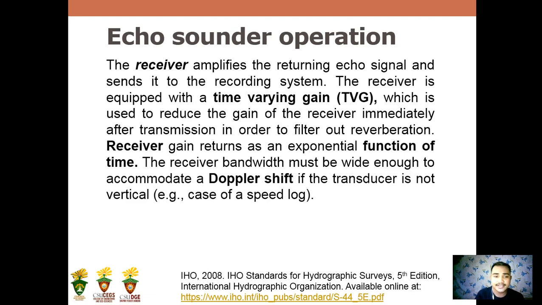And the receiver is equipped with a time-varying gain or TVG, which is used to reduce the gain to the receiver immediately after transmission in order to filter out the reverberation.